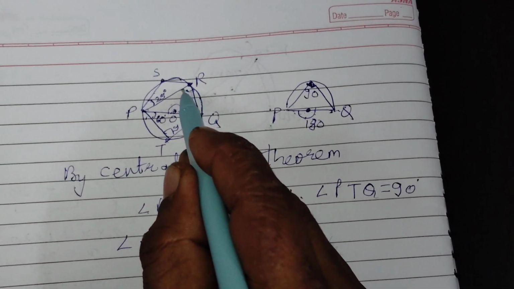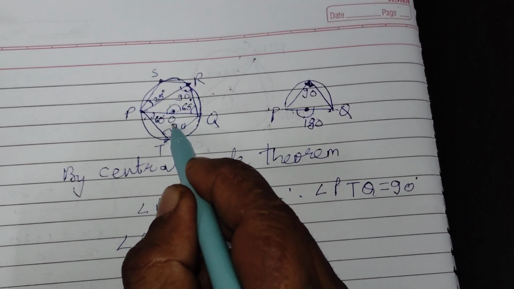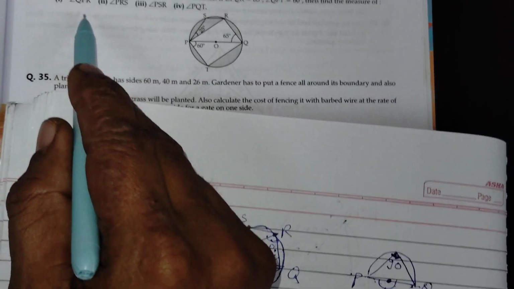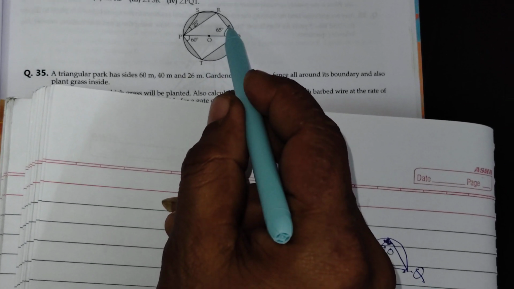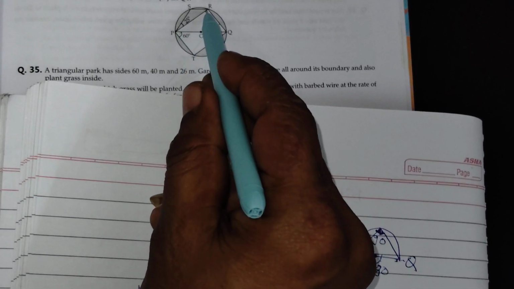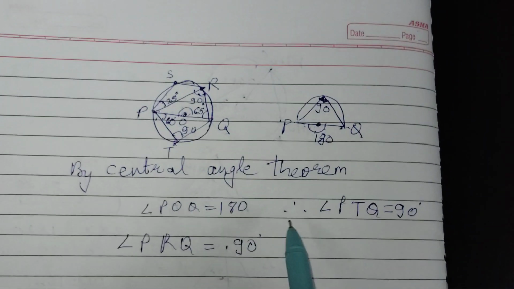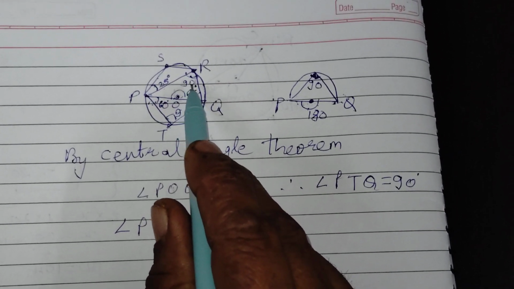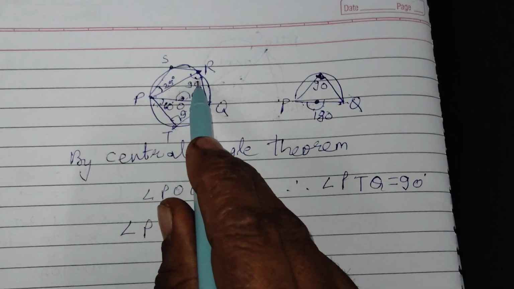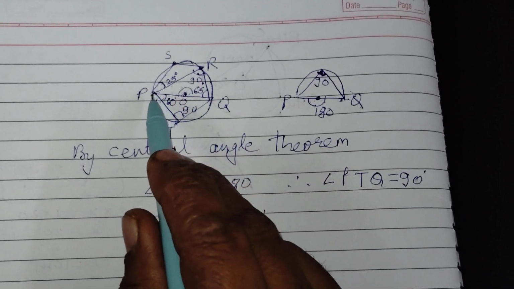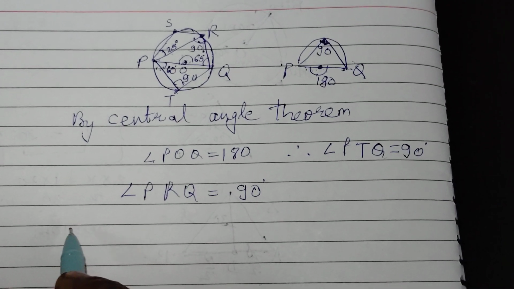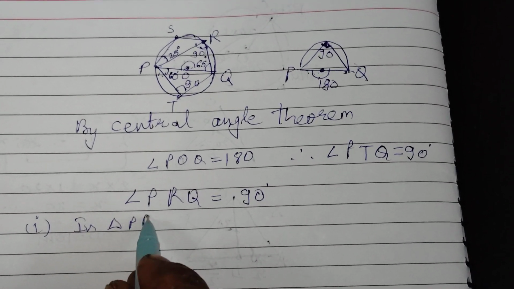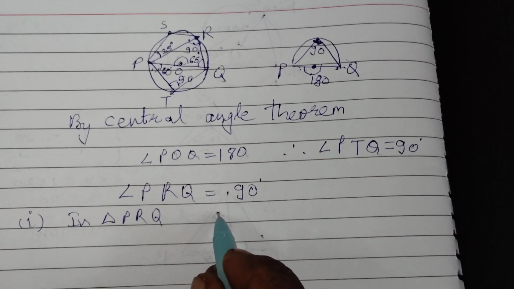After getting this angle 90 and this one 90, we now come to the question. The question is asking to find angle QPR. This angle can be found when two angles of the triangle are known. One is 90, another is 65, and the sum of the three angles of a triangle is 180 degrees. In triangle PRQ, this is called the angle sum property.